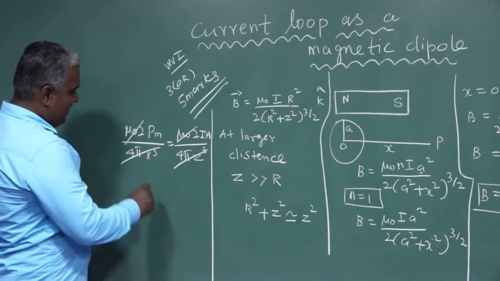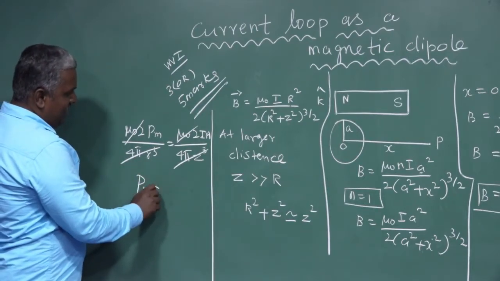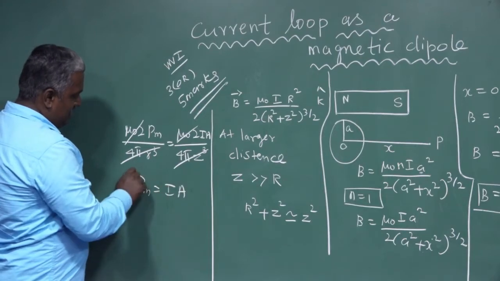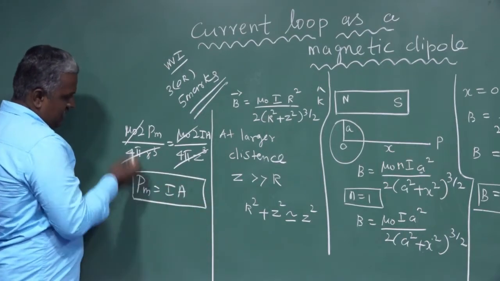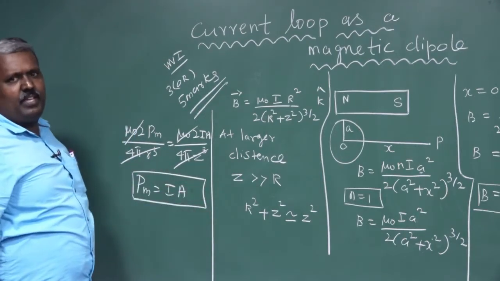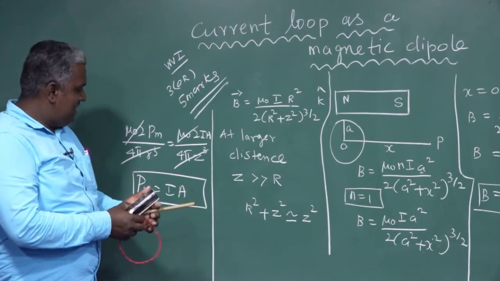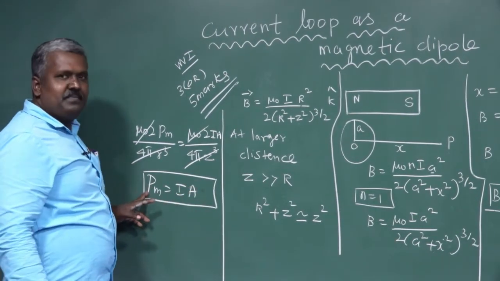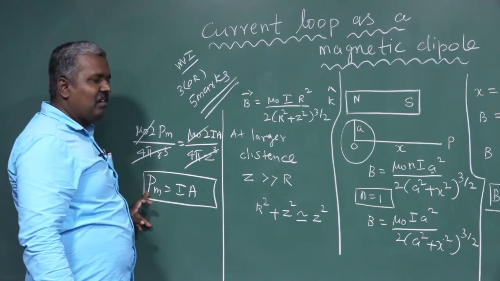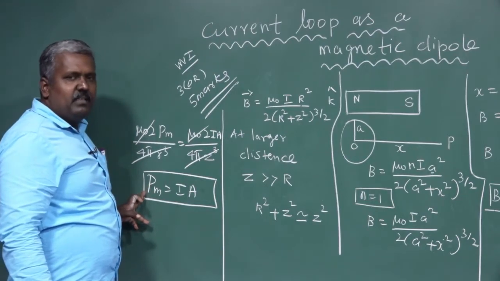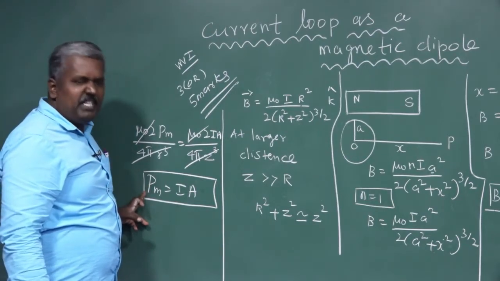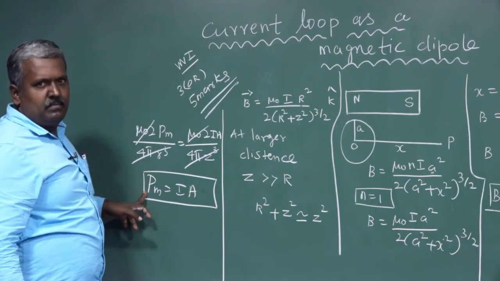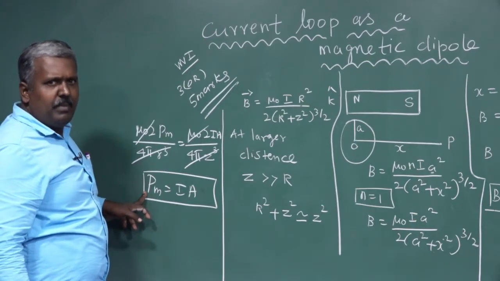What is the remaining? Pm is equal to I A. What does Pm mean here? Pm is called the magnetic dipole moment.